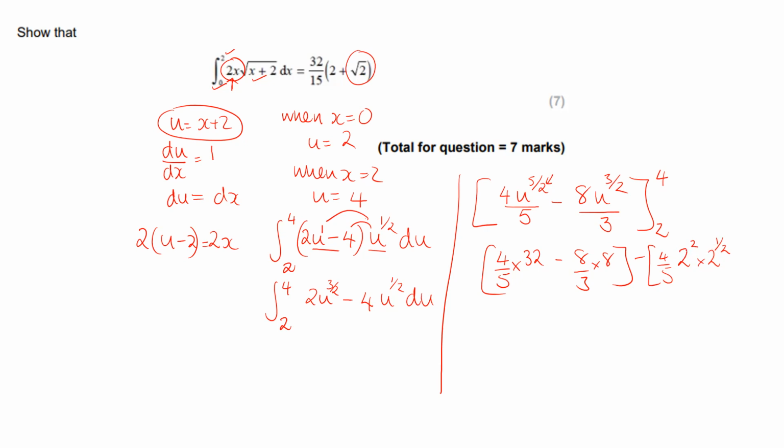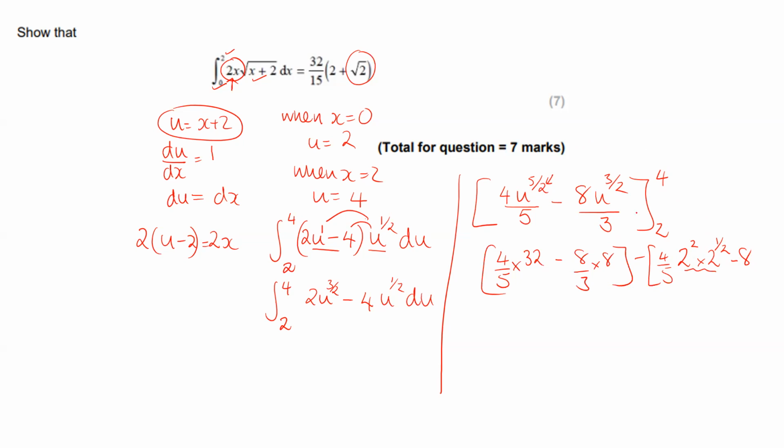And then that 2 squared, we can work out, which is 4, which can join in with that 4/5 on the front. Everyone happy with that? Minus 8. Ritesh, can you do the same on u to the 3/2, putting 2 in?